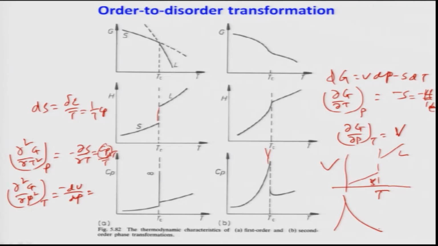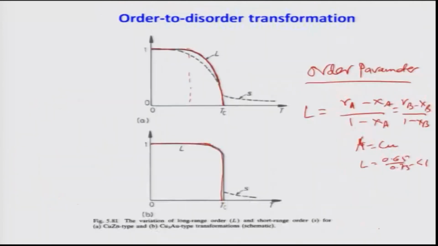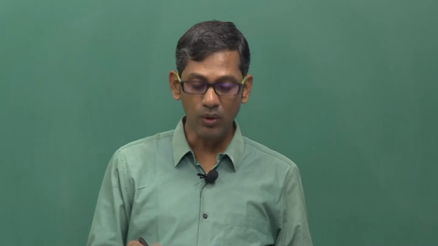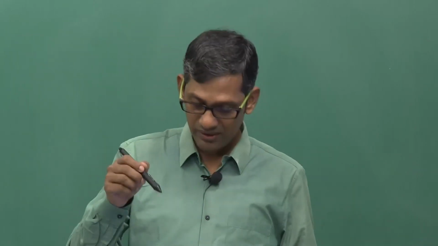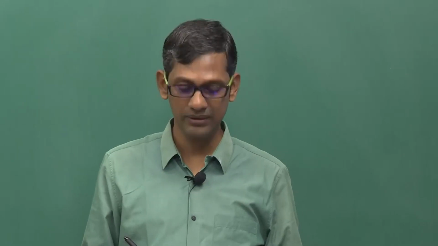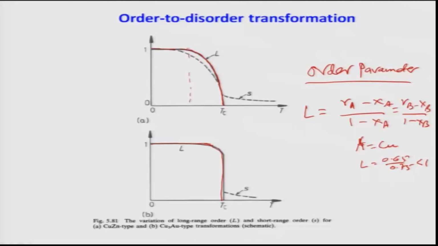Now, upon knowing these concepts, before I stop this lecture, this can be discussed. The one shown at the bottom in figure B is a first order ordering transformation, and this one is known as a second order ordering transformation, because in the first case the order parameter L sharply goes to 0 at the transformation temperature. There is a discontinuity like this.